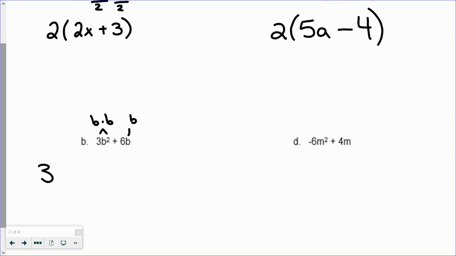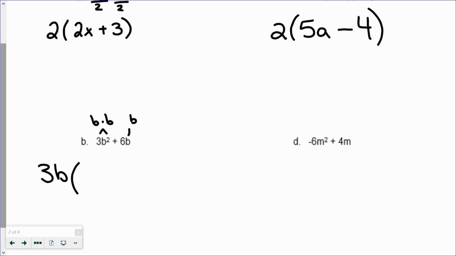How many b's do they have in common? Are you saying like 3 of them, maybe? No, we're looking at 2 separate terms. So this has 2, this has 1. They have 1 in common. So I can only pull out 1. Okay, so you're taking the least amount of letters that exist in both.